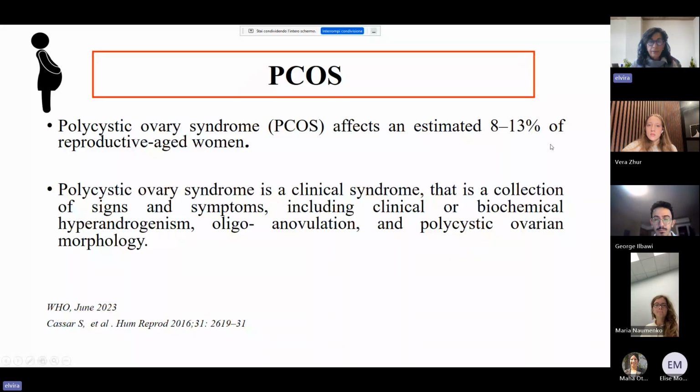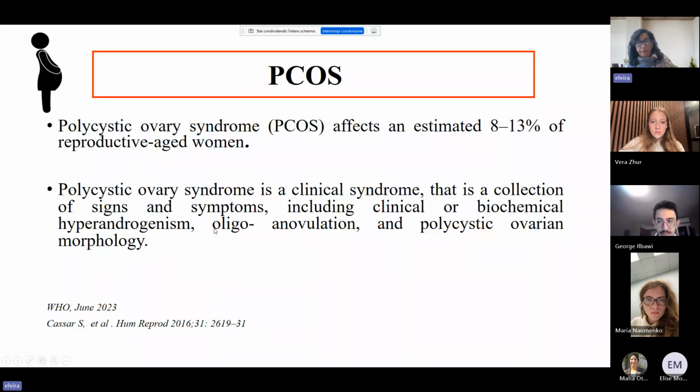As you can see, the syndrome affects between 8 and 13% of women with reproductive potential. So it's a huge amount of women in reproductive age who suffer from this syndrome, which is characterized by signs and symptoms of hyperandrogenism, oligoanovulation, and at ultrasound polycystic ovarian morphology.